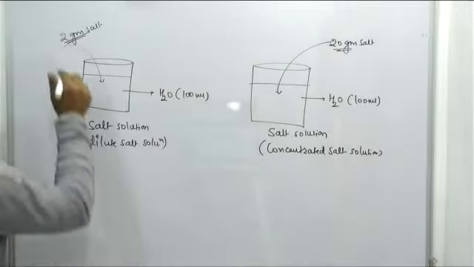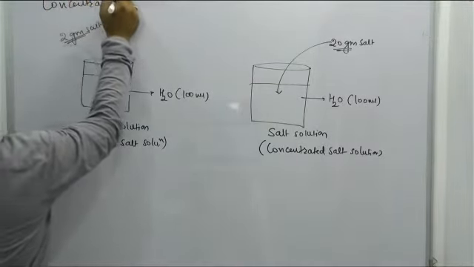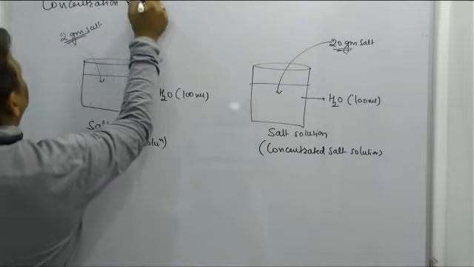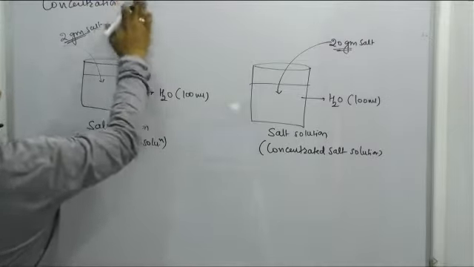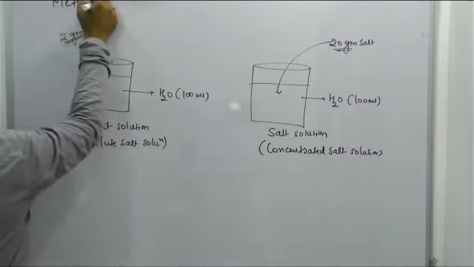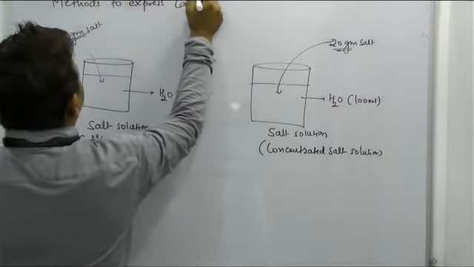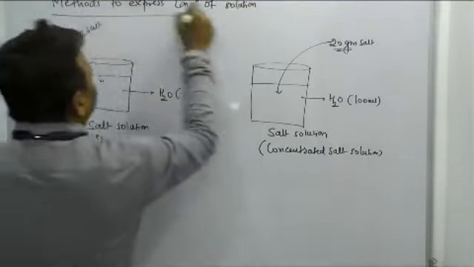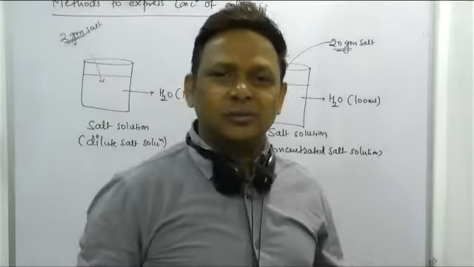So beta, these are dilute and concentrated, and to express the concentration of a solution, we have the following terms. Today the topic we are going to learn is methods to express concentration of solution.